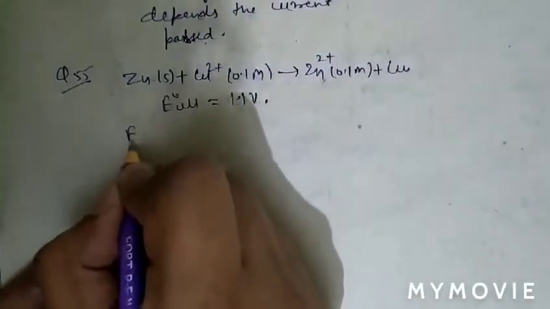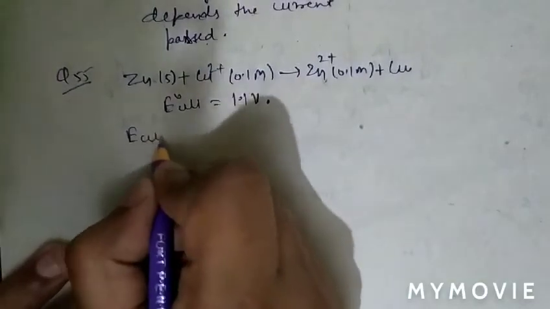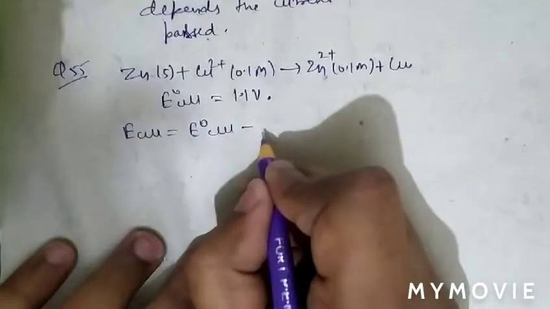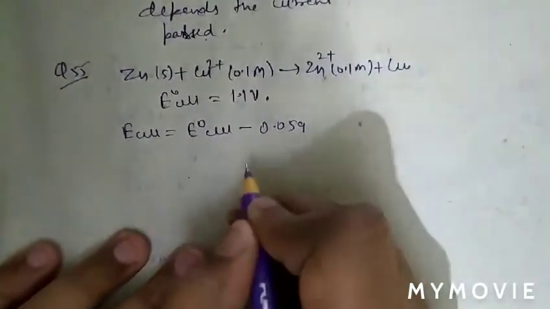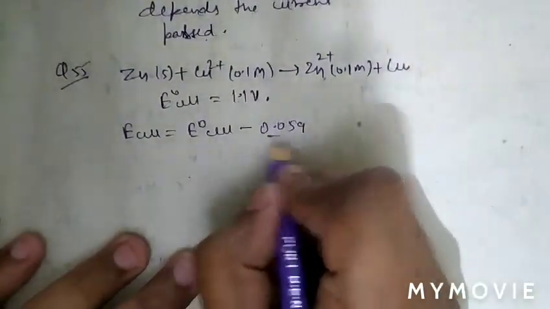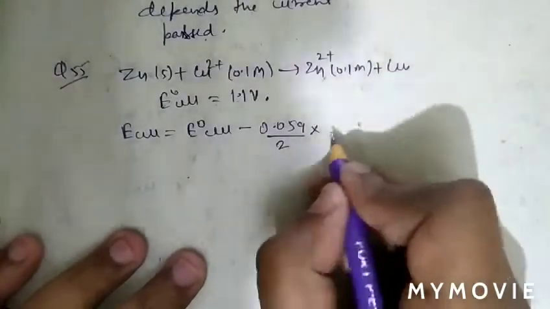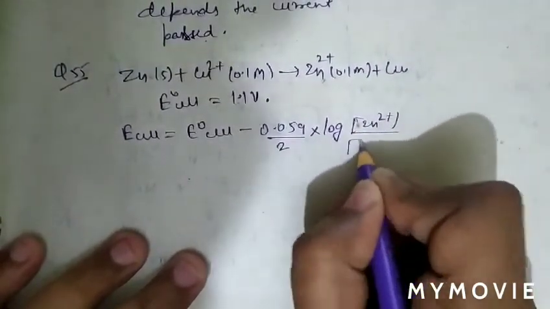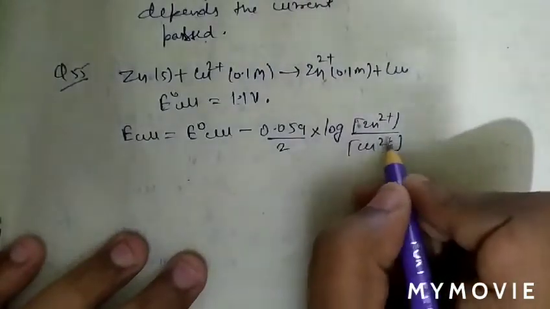As we know, according to the Nernst equation, E cell is equal to E0 cell minus 0.059 divided by n, and n for this reaction is 2, into log of concentration of Zn2+ ion divided by concentration of Cu2+ ion.